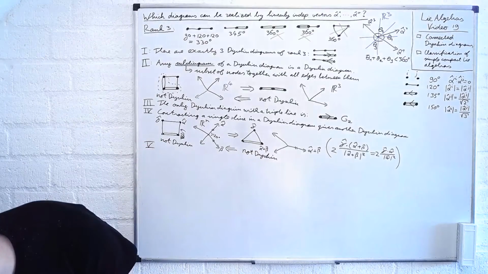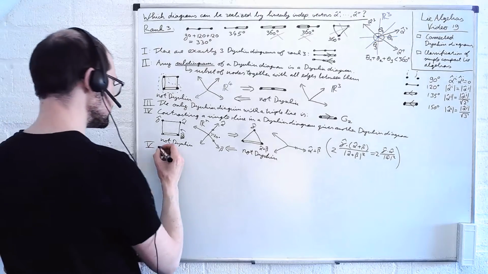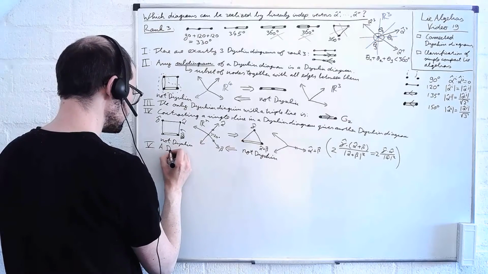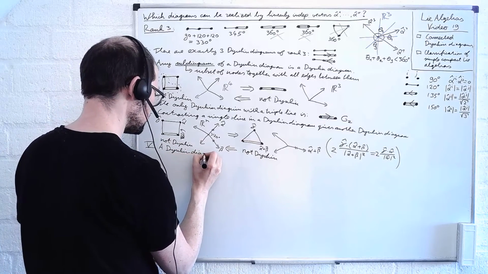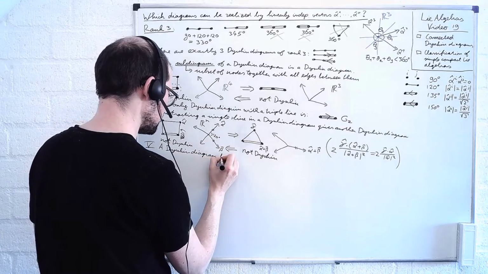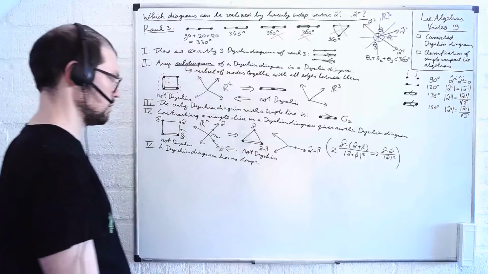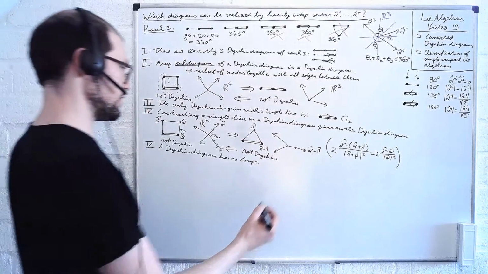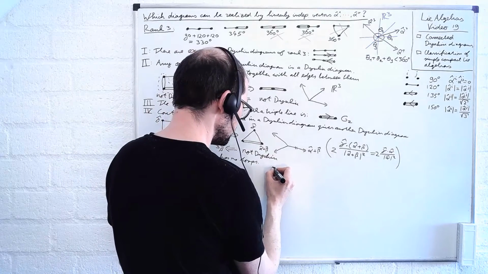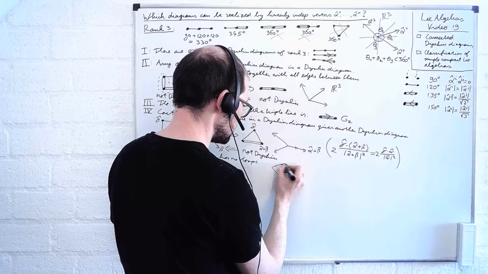So let's see a consequence of this. The first consequence is that a Dynkin diagram has no loops. So why is that? Well, let's just look at an example. Suppose I have a loop like this.